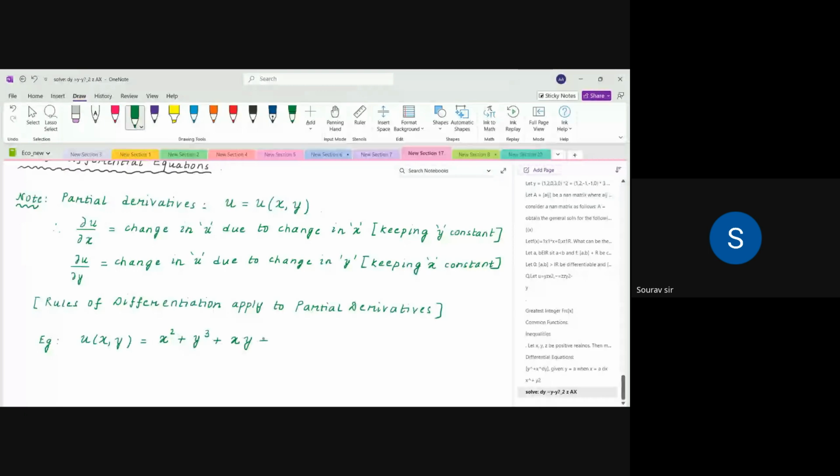So can anyone take a quick guess what will be del u by del x? 2x plus y plus y by x. Absolutely. Okay, is it making sense? So when you're differentiating with respect to x, y is to be treated as a constant.